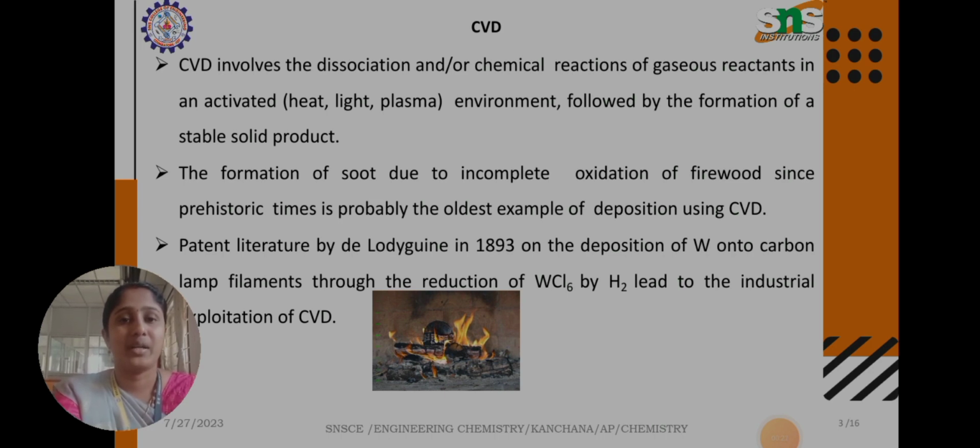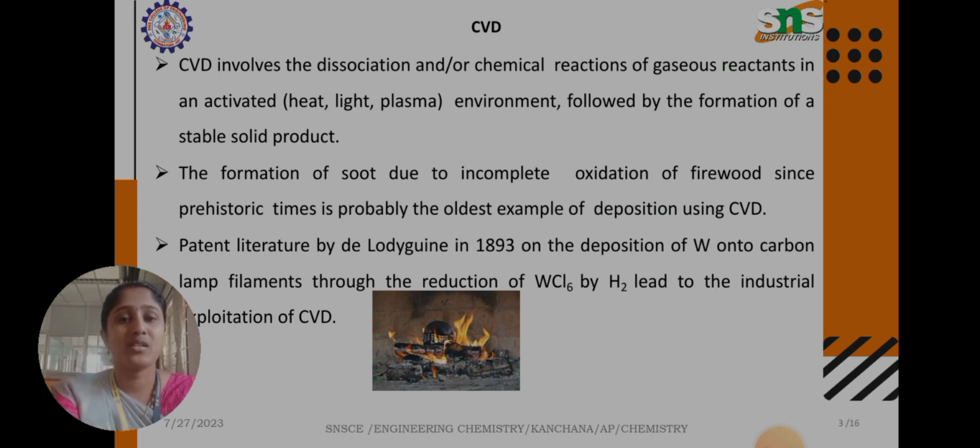Chemical vapor deposition. Chemical vapor deposition involves the dissociation and/or chemical reaction of gaseous reactants in an activated environment of heat, light, or plasma, followed by the formation of a stable solid product.